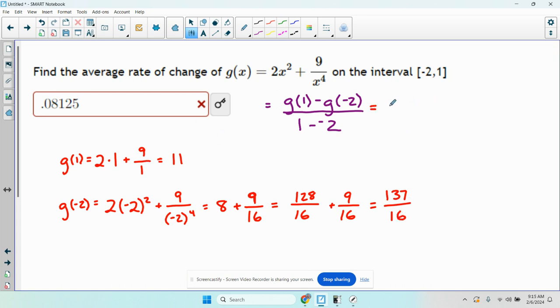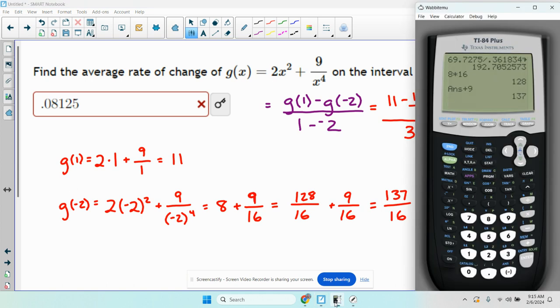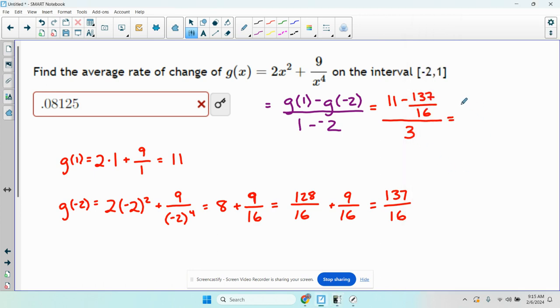So this is g of 1, which is 11, minus 137 over 16. You probably could just get away with using the decimals. And then we get 1 minus negative 2, which is 1 plus 2, which is 3. 11 in terms of sixteenths is 11 times 16, that's 176.